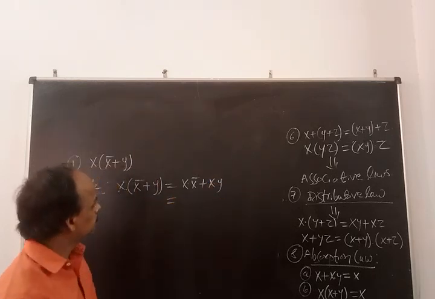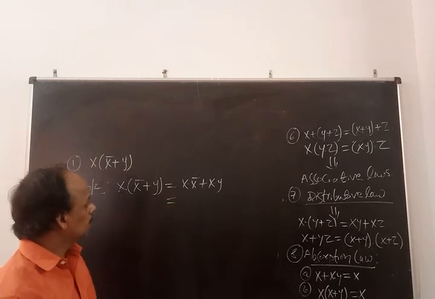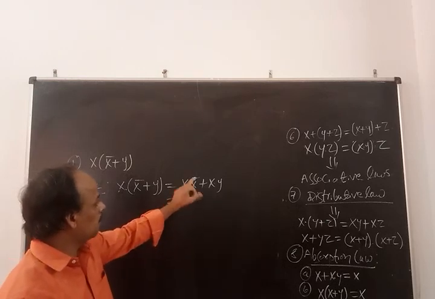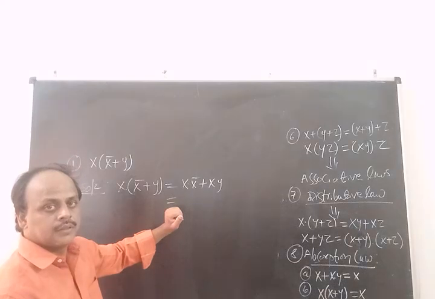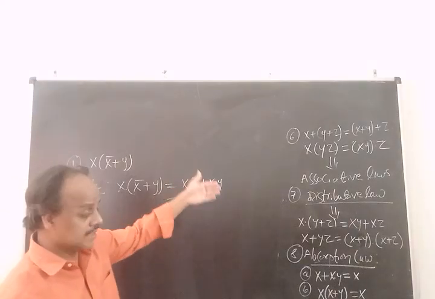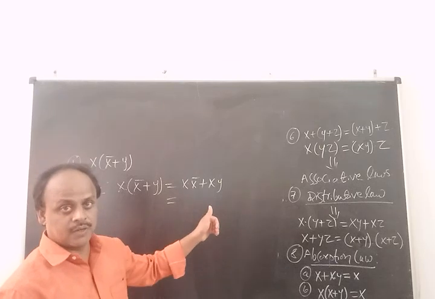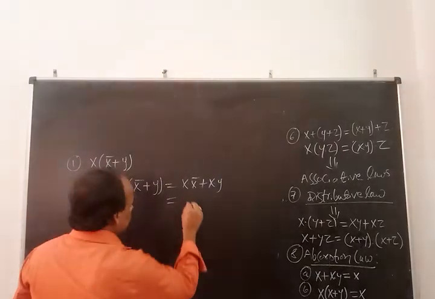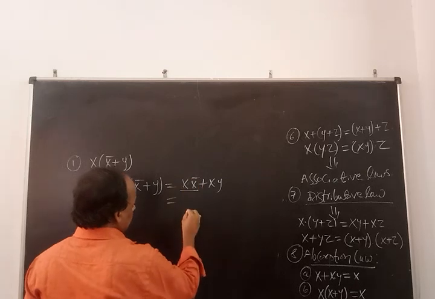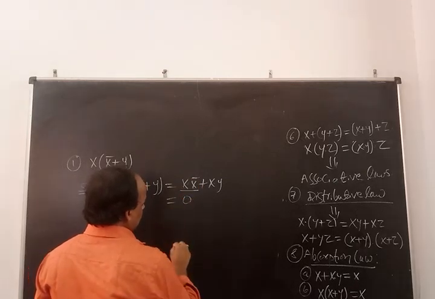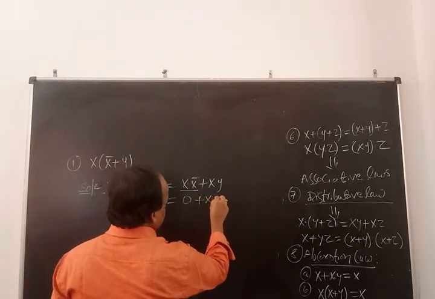See here. Now what we have to do? X into x bar. We discussed x plus x bar equal to 1, and x into x bar equal to 0. Therefore, instead of this x into x bar, we have to write 0 plus x into y.